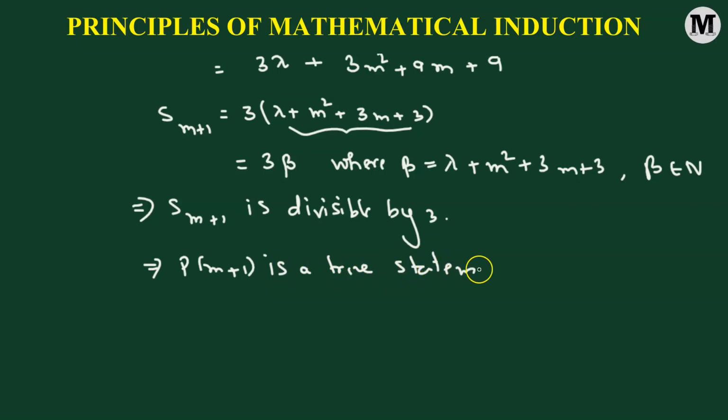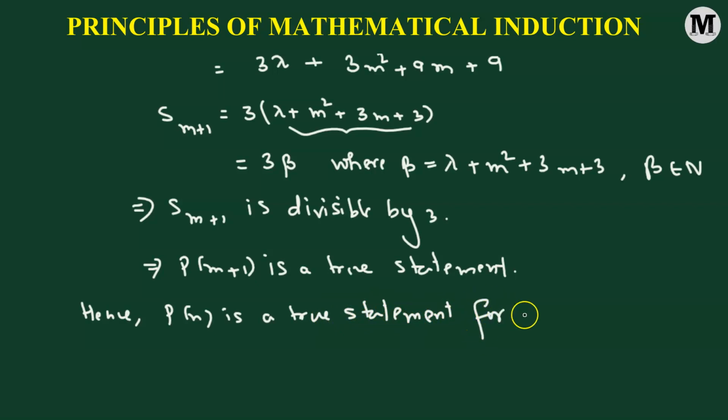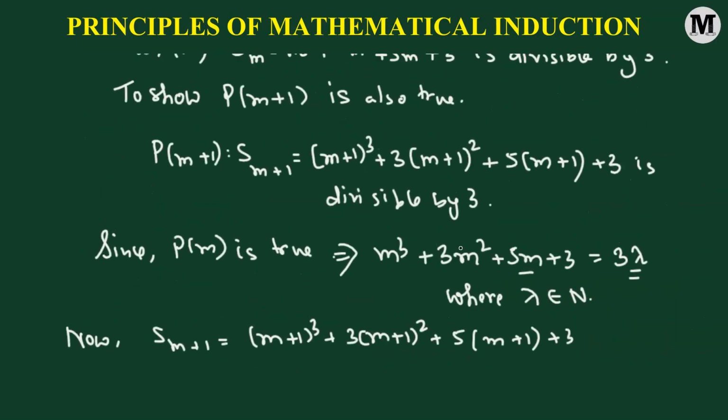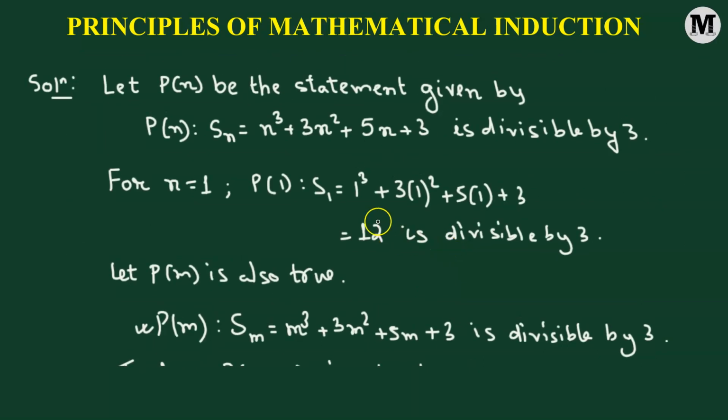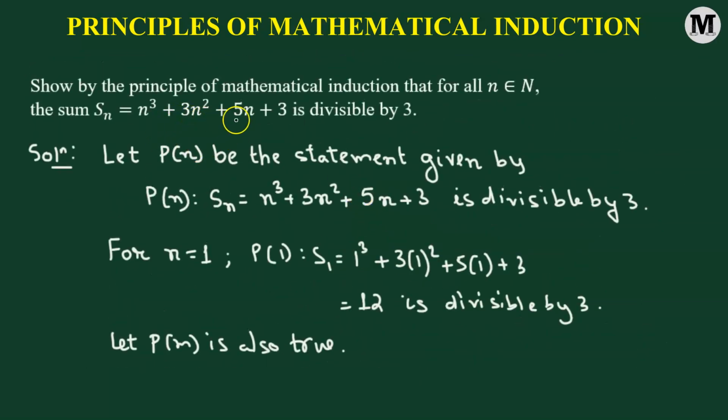Finally, we can say that the statement P of n is true for all values of n belonging to the set of natural numbers. That means for any natural number that we pick up, the statement P of n, given by S of n equals n cubed plus 3n squared plus 5n plus 3, is always going to be divisible by 3. So we have successfully proved our problem by using the principle of mathematical induction.